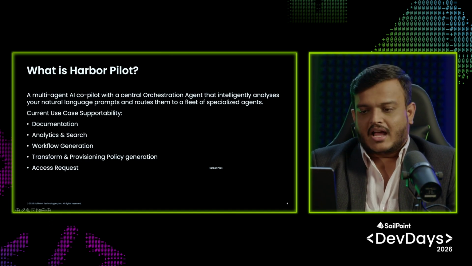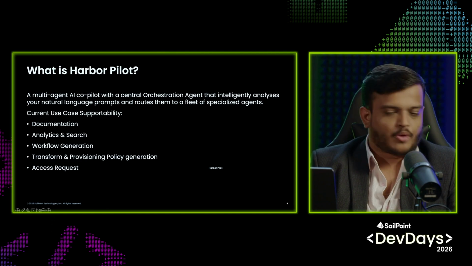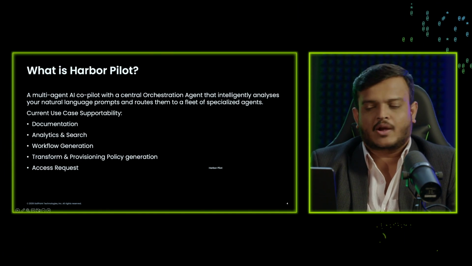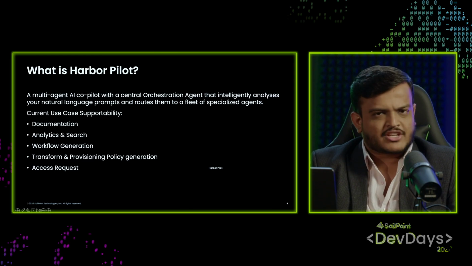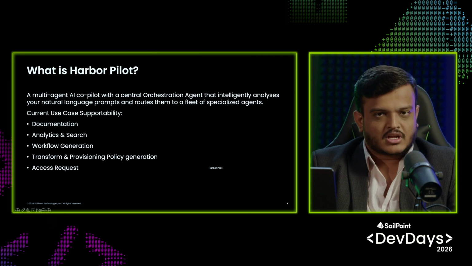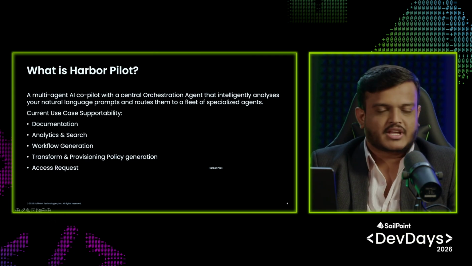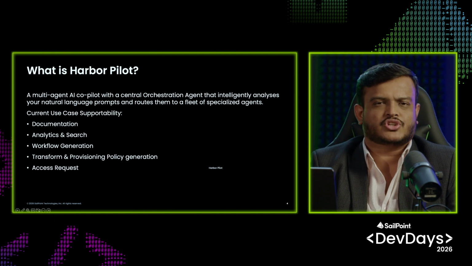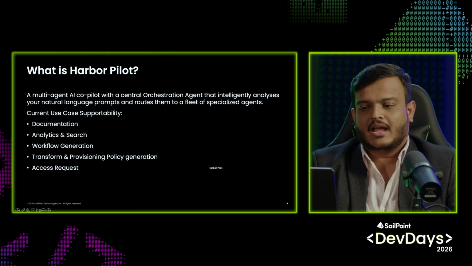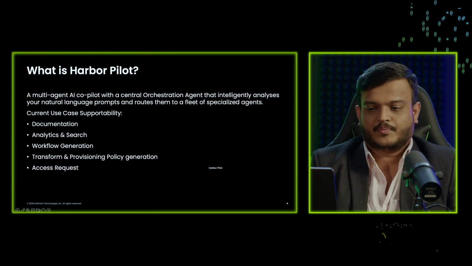It is the heart, a central orchestration agent, the brain of the operations. The orchestrator uses advanced natural language understanding and LLM models to analyze your prompts and classify your intent, whether you're searching data, building automations, trying to generate a provisioning policy or workflows, or even making an access request, and then delegates the task to specific agents to get it done.